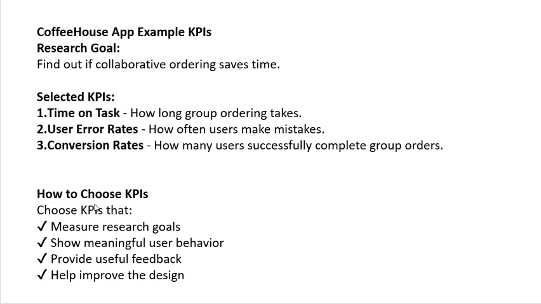To choose KPIs, choose ones that measure the research goals, show meaningful user behavior, and provide useful feedback to help improve the design. All seven steps give a better design and user experience.